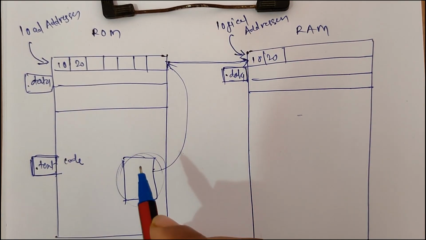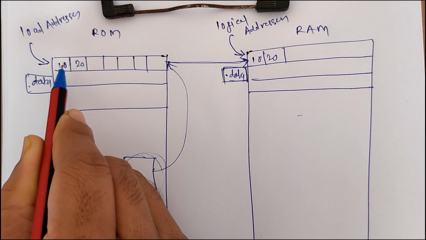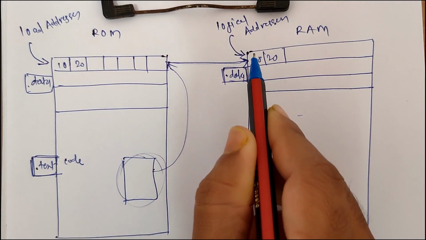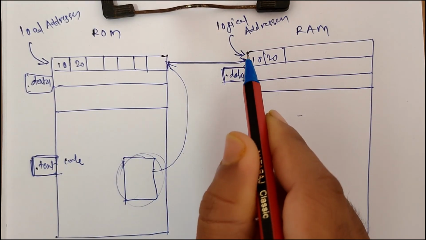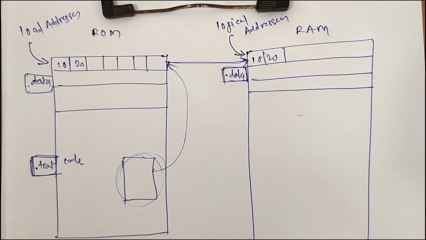So now what happens when we are modifying x? It is getting modified in RAM, with the code using the RAM location, that is, the logical address. So this is the process.